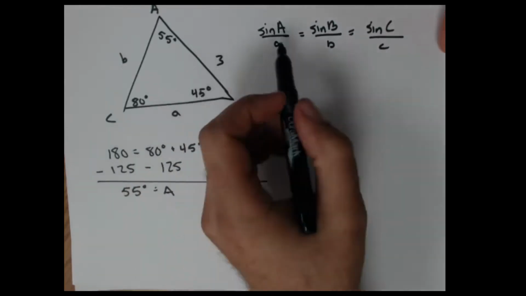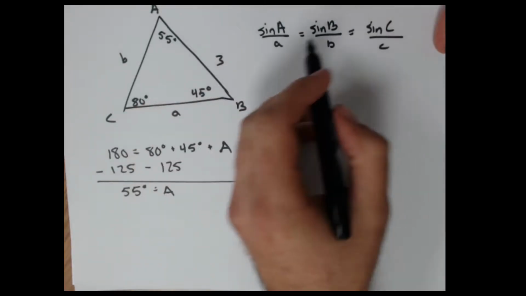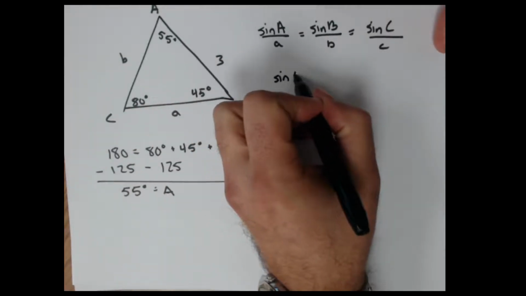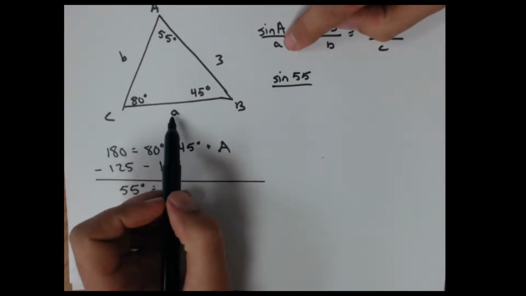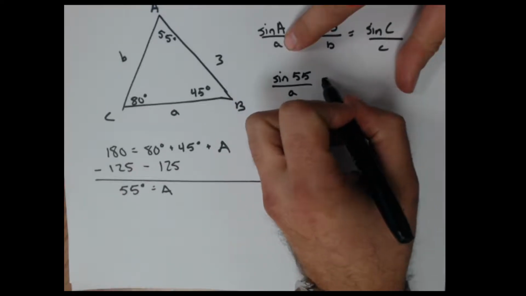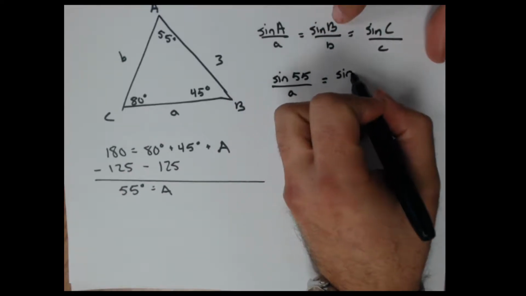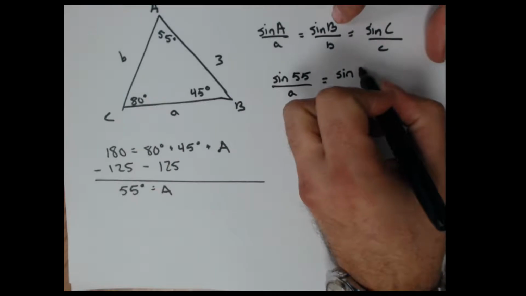Let's plug those things in. I know my angle A. Now I actually know all the angles. So I know sine of 55 is over the side length A. Well, I don't know that one yet. I know my angle B is 45.